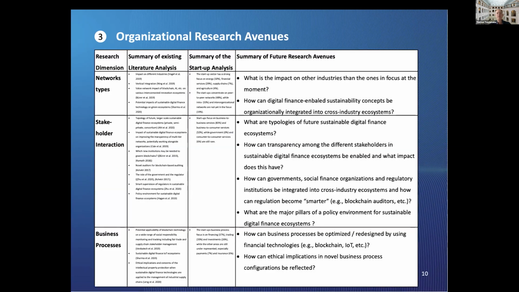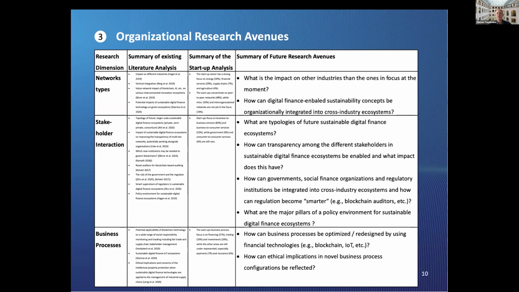So what does this mean from the organizational view? If we look into the networks and the network types that we saw, we have questions along the lines of what is the impact of other industries than the ones in focus at the moment. I mentioned that we have, for example, energy in the focus.